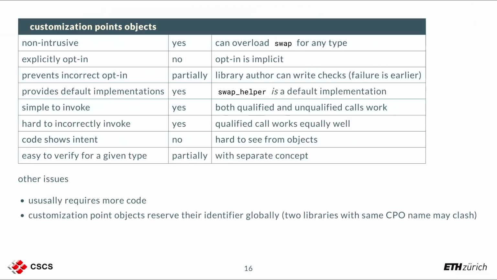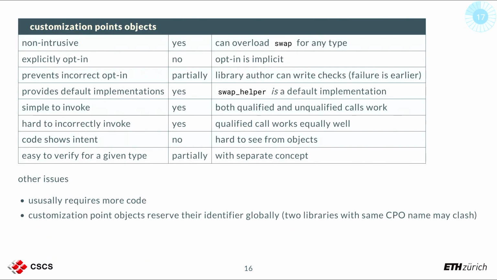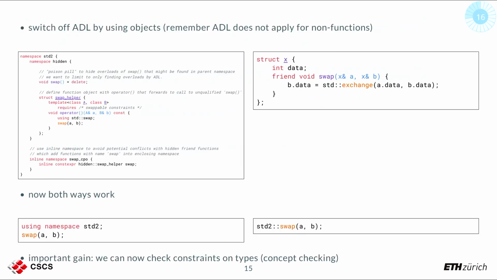A little bit, yeah. So we can have a default implementation, because we could add one here. We can have overloads of this operator if we want. Is it simple to invoke? Yes. Is it hard to incorrectly invoke? Yes, because both of these ways work.